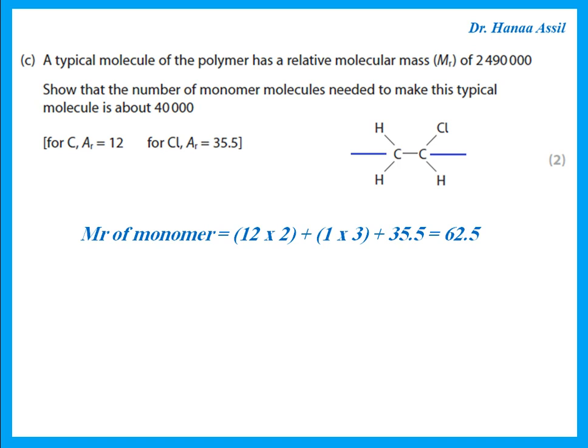So this is the one repeat unit or one monomer, because the monomer is just the one that had a double bond in the middle. So it doesn't make a difference with the Mr. So the Mr of the monomer or the Mr of the repeat unit is 62.5. Now he says the polymer as a whole is 2,490,000. And that means I just divide that number by 62.5 and I find the number of monomer molecules that I have. So this is about 40,000.